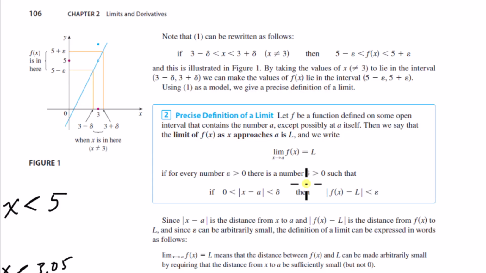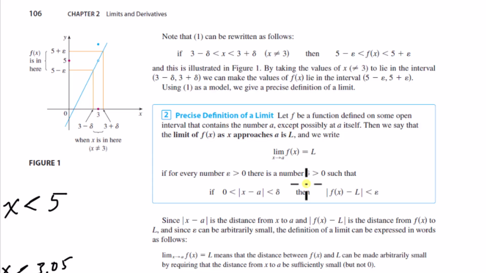Now you can think about how this inequality could correspond to whether the output is being sandwiched, like it is here with this example for the line 2x minus 1, or just coming from above or just coming from below. Either way, it doesn't matter.